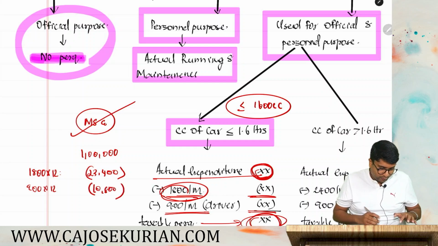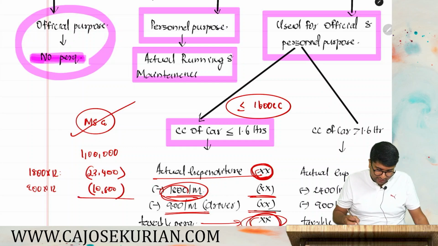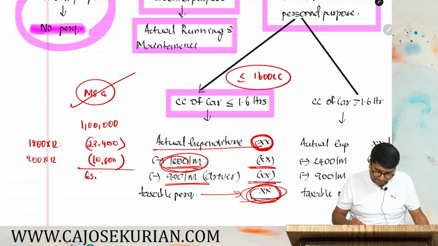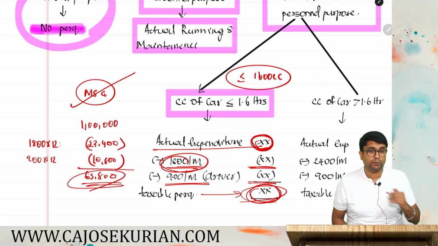The remaining value is 1 lakh minus 21,600 minus 10,800, so the remaining shall be 67,600. That shall be the taxable value of perquisite, and this is how you have to value the perk.